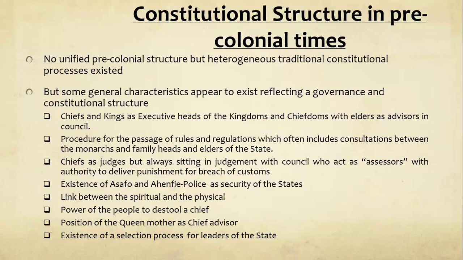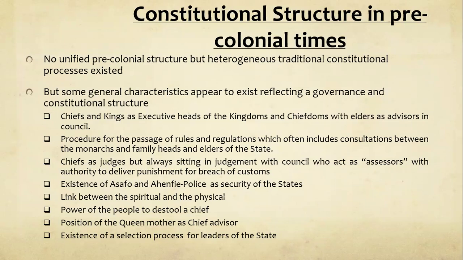So the chief or the king wielded executive authority. And of course, the chief had advisors in council, and these were the various elders or the sub-chiefs, as it were.